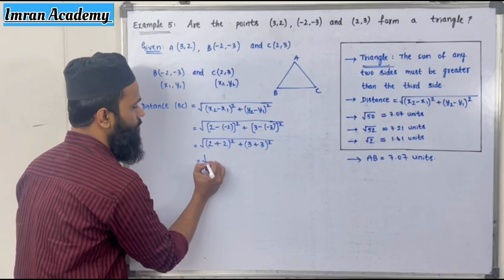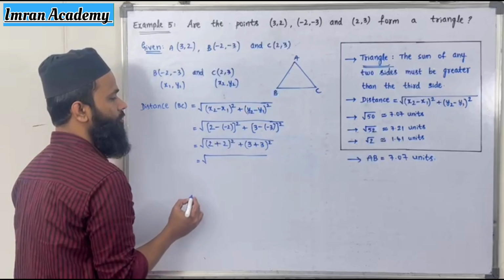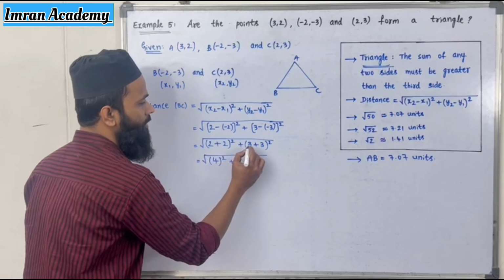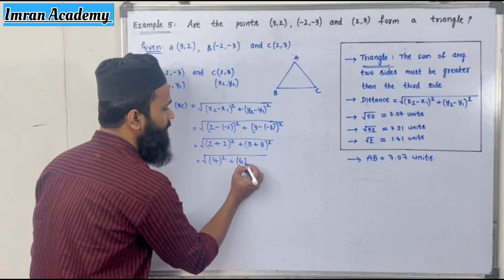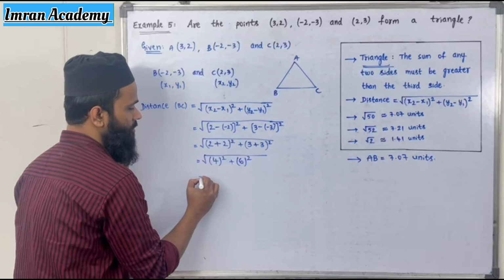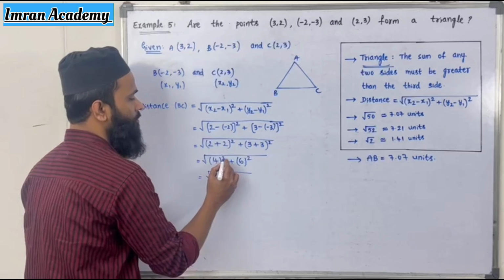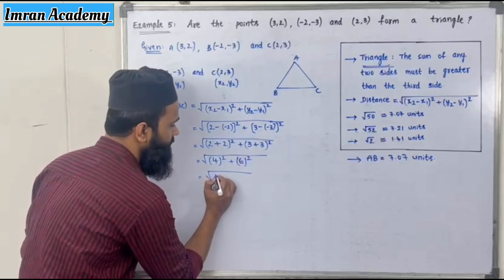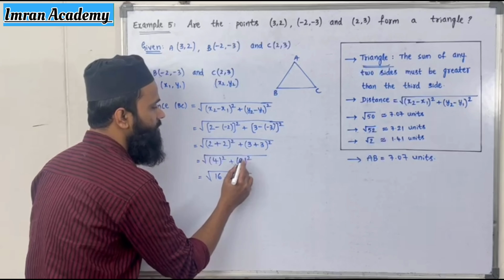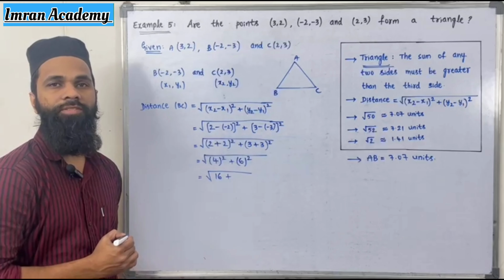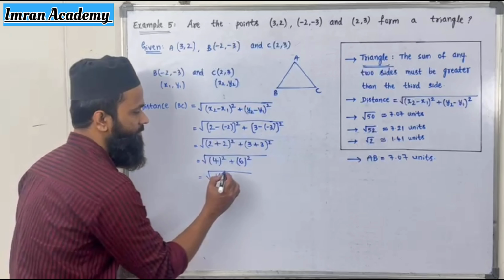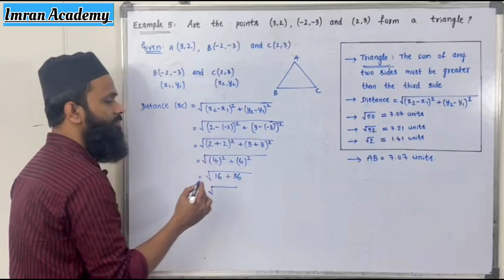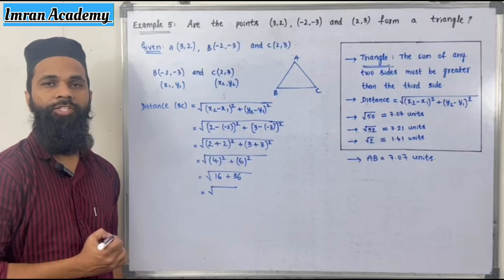That is equal to square root of (2 plus 2 is 4) whole square plus (3 plus 3 is 6) whole square. 4 square is 4 into 4, that is 16, plus 6 square is 6 into 6, that is 36, which is square root of 16 plus 36, that is 52.